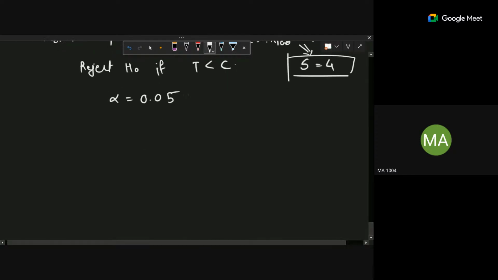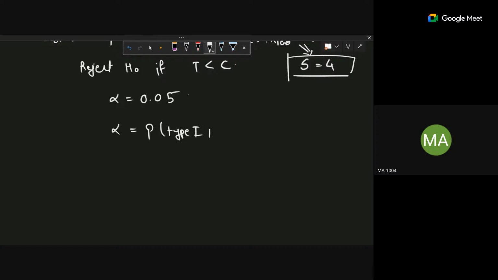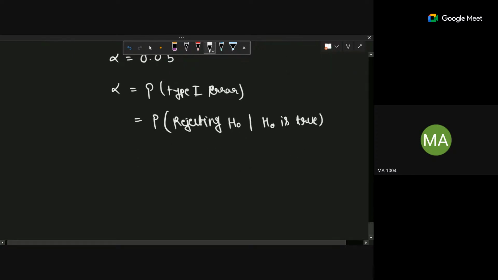So in that case, alpha, which is the probability of type 1 error, will be what? It is the probability of rejecting the null when it was true, right? So rejecting null means probability t less than c, given that it is true.